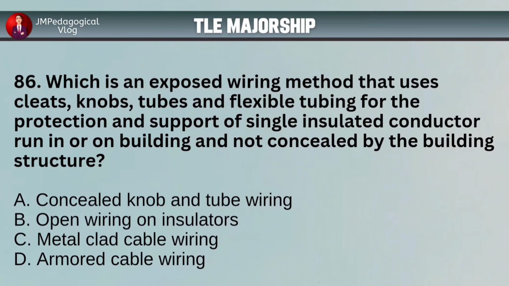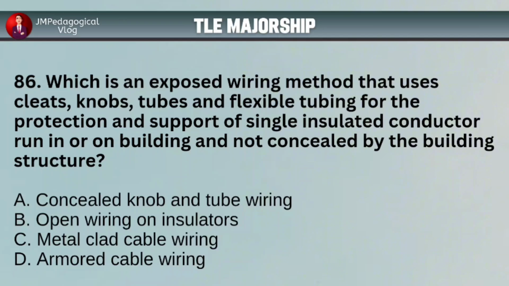86. Which is an exposed wiring method that uses cleats, knobs, tubes and flexible tubing for the protection and support of a single insulated conductor run in or on a building, and not concealed by the building structure? A. Concealed knob and tube wiring. B. Open wiring on insulators. C. Metal-clad cable wiring.